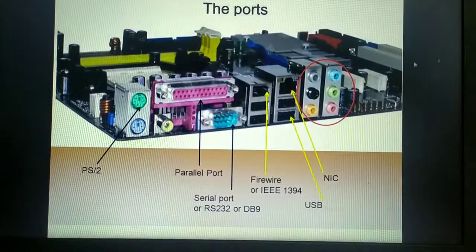See here, it is the motherboard. There are several types of ports that we have to discuss: serial port, parallel port, USB port and the AGP port. This was just an introduction to the input output ports. In our next video we will see the serial port, parallel port, USB port and more.